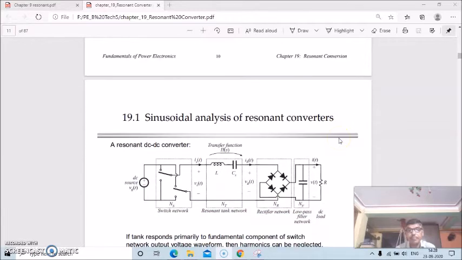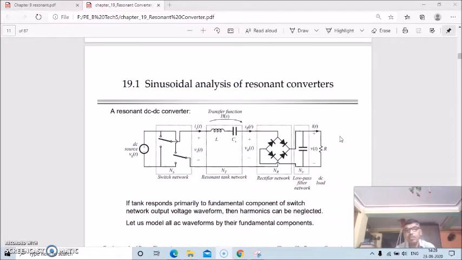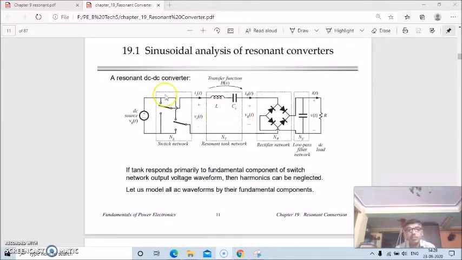Okay. So if we go through the sinusoidal analysis of resonant DC-DC converters, this is the switch network, this is the source, and this is the resonant tank network, where the transfer function is given. This is the switching signal source, and this is the load current, the rectifier current.